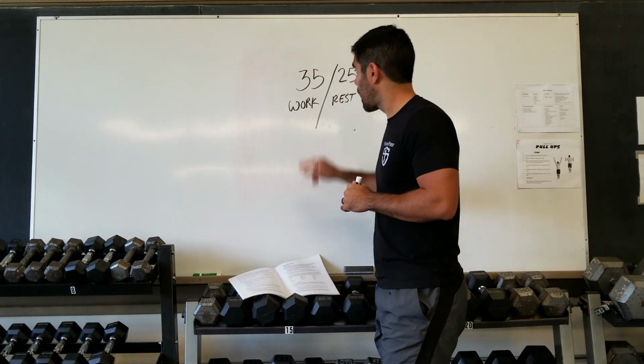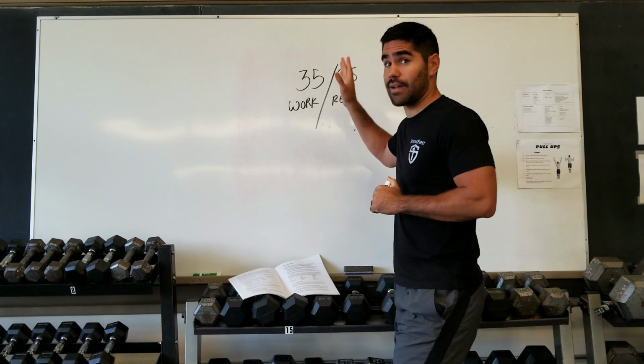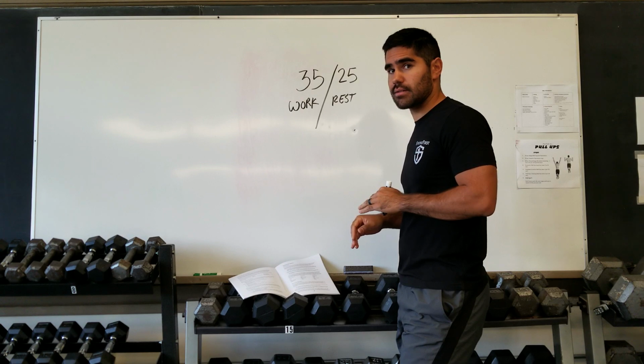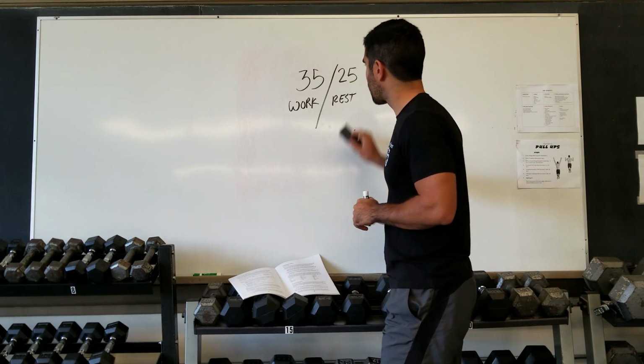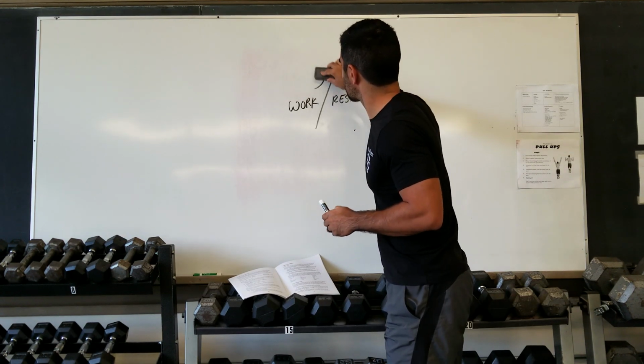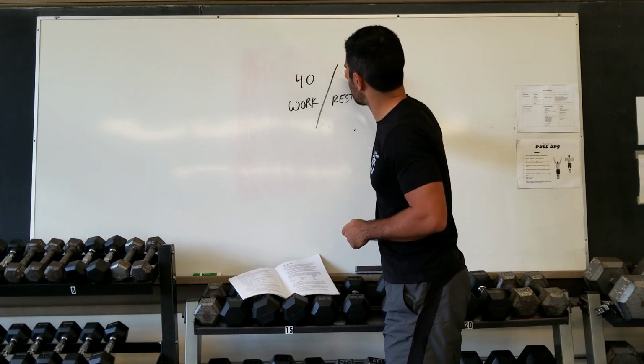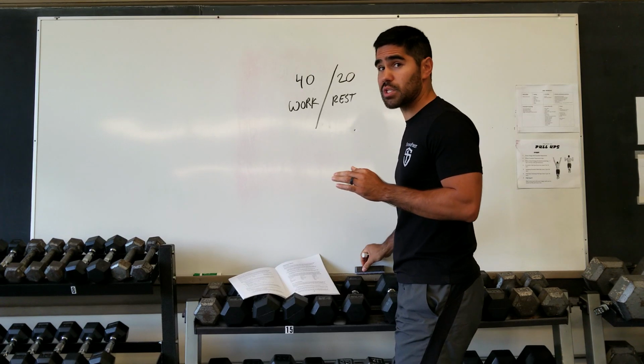We're saying, I get to work for 35 seconds, or I need to work for 35 seconds, but I only get 25 seconds of rest. Okay? As it gets harder, again, we can change this to make it even harder. 40-20, which is kind of the sweet spot if you can get there.